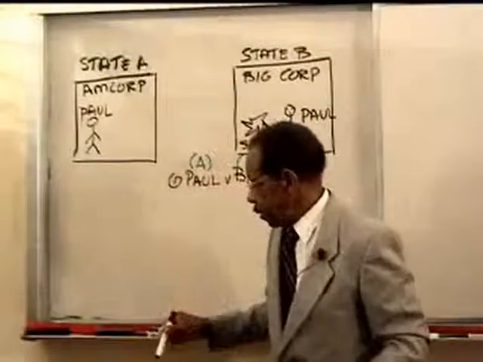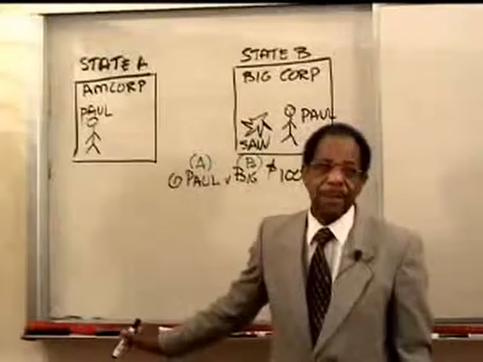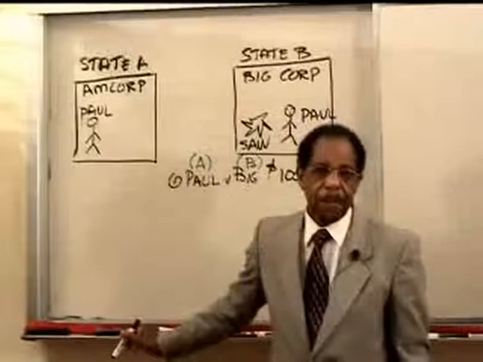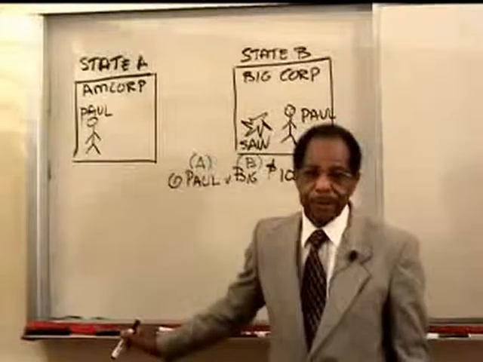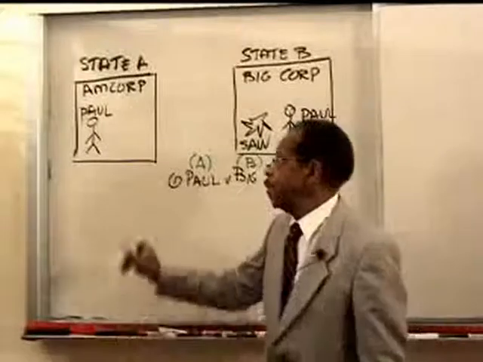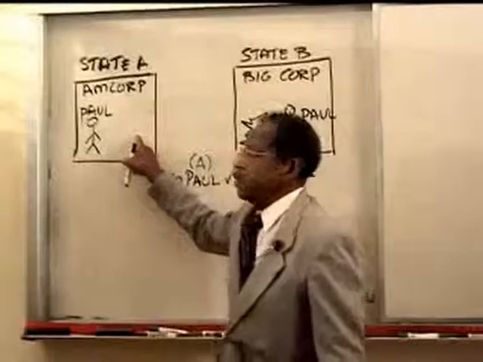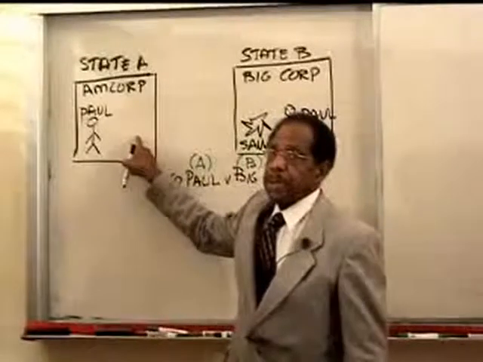And the other is their principal place of business, and the principal place of business can be determined either by the muscle test or the nerve test. And they're giving you the answer to the nerve test here, telling you that Amcorp's headquarters are in state A. And so that's under the nerve test.